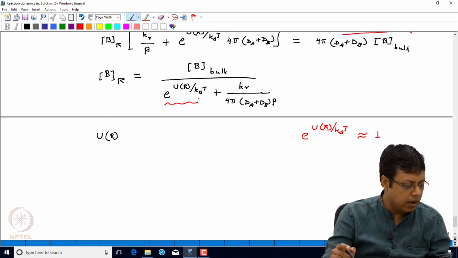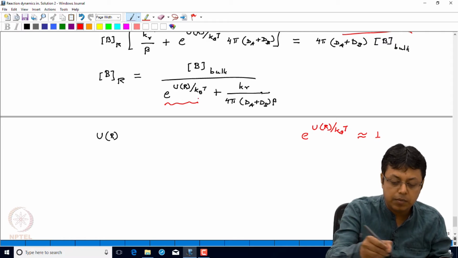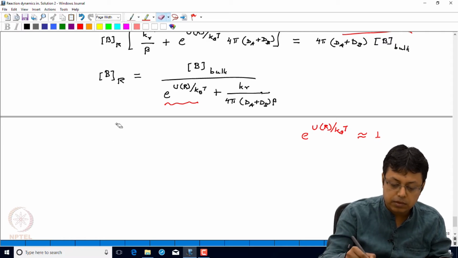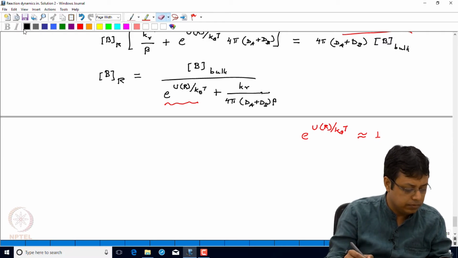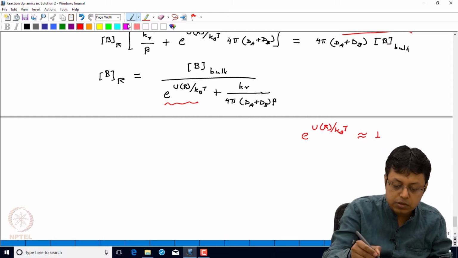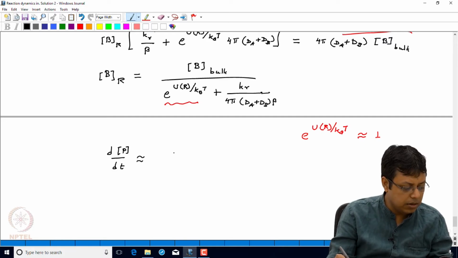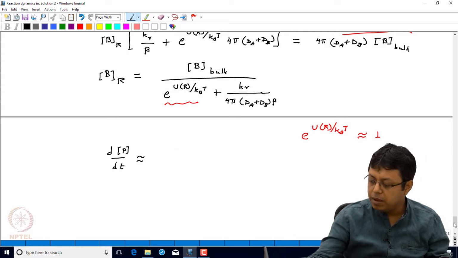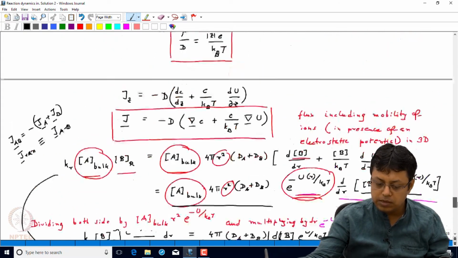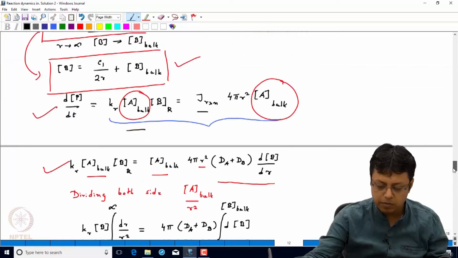And then, as we know, the rate of product formation, dP dt, following the same kind of notation we have been using, under this approximation becomes, if we go back, what was the dP dt formula?